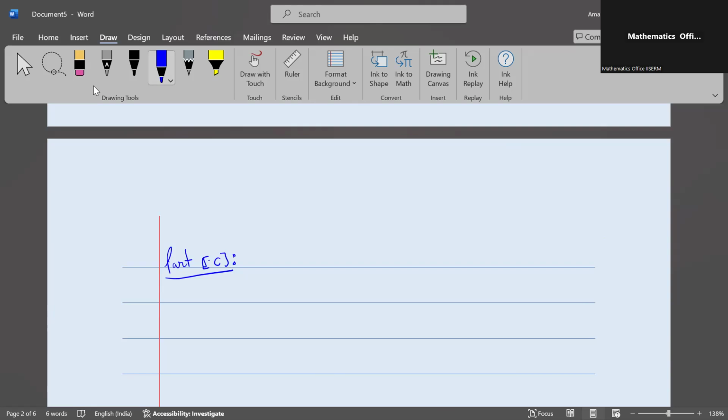I'm just writing the factorization. Q(root A1, root A2, root A3, and so on up to root AN). This degree of extension over Q is 2 power n.